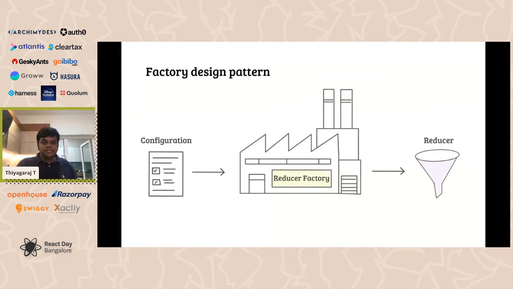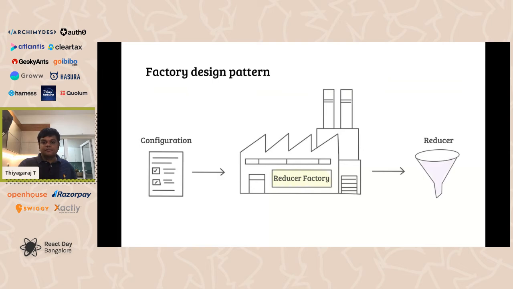We don't know the implementation details, but we have a definition that describes how this black box behaves. That's the difference, right? And this is called a factory design pattern, or you can even call it a higher order reducer. So let's take the same example of the enabled field and create a spec for it. Let's not worry about how the factory creates the funnel for you.